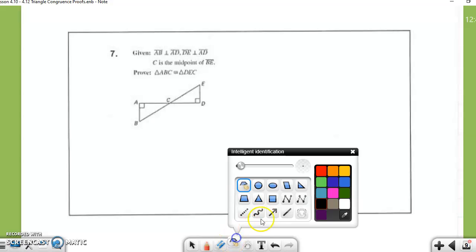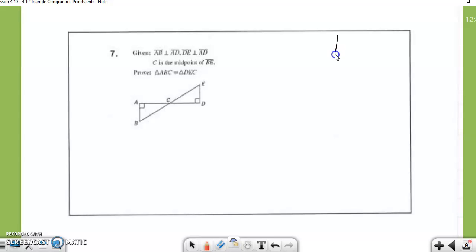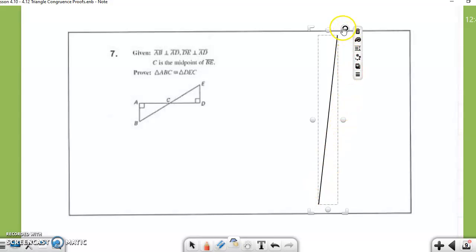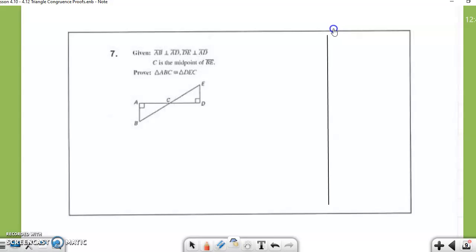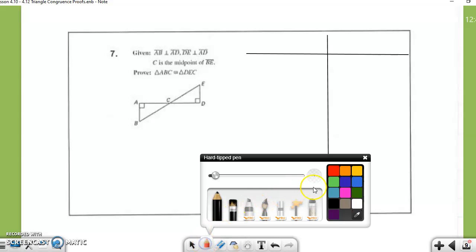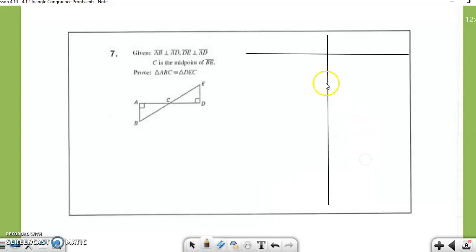All right, I'm going to set up my T-chart for my statements and my reasons. Statements and reasons.